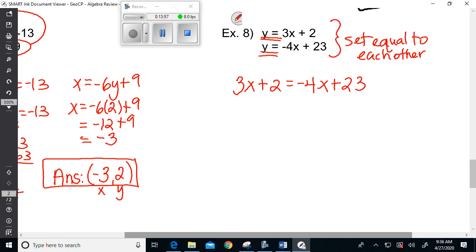Set them equal to each other, and now we solve it. As you can see, we have variables on both sides. So I'm going to take negative 4x and move it to the left-hand side. You could have just as easily taken 3x and moved it to the right. It's your choice. So the opposite of negative 4x is positive 4x.